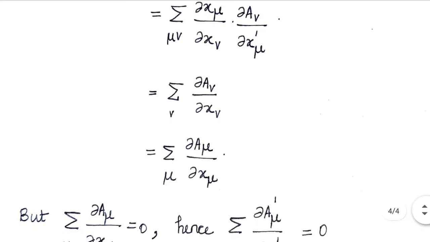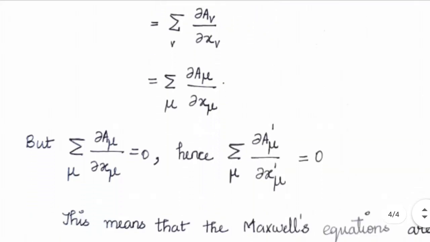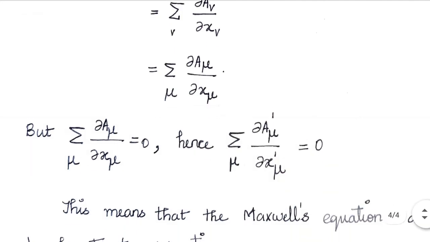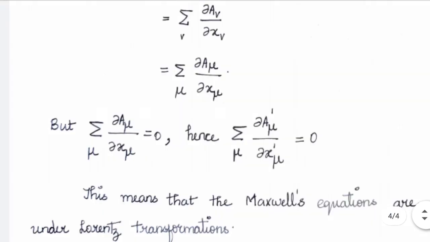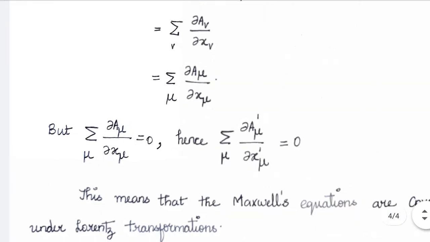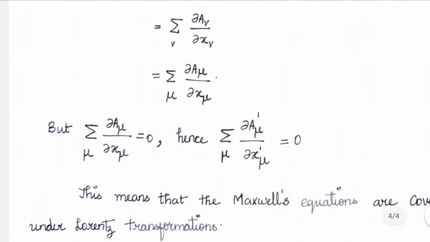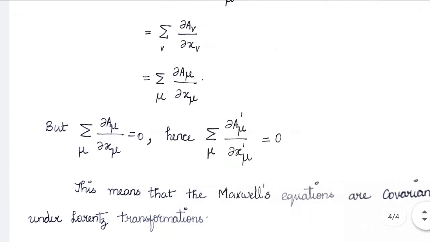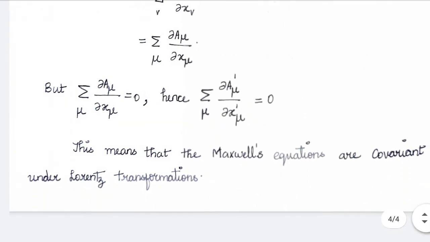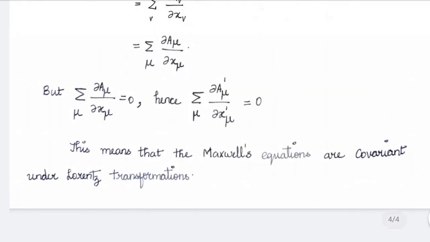If dou a mu by dou x mu is equal to 0, definitely dou a mu prime by dou x mu prime is also equal to 0, which means the Lorentz condition is also invariant under Lorentz transformation. So this proves that Maxwell's equations are invariant or covariant under Lorentz transformations.